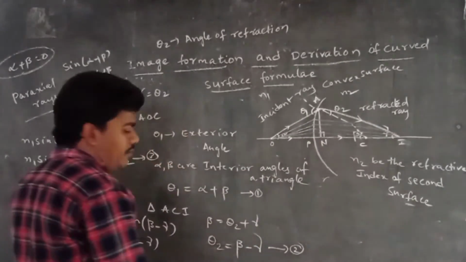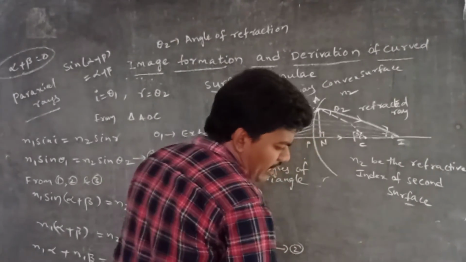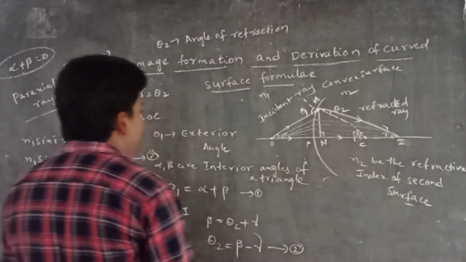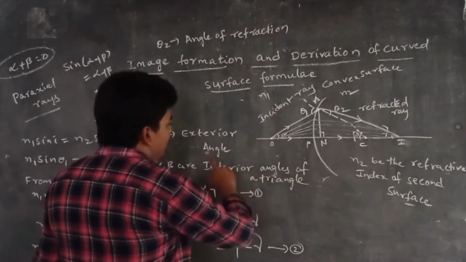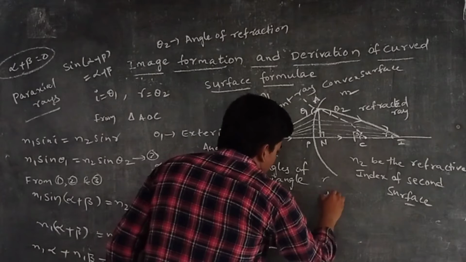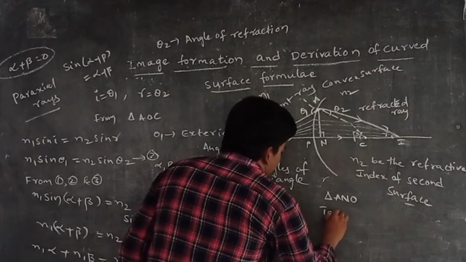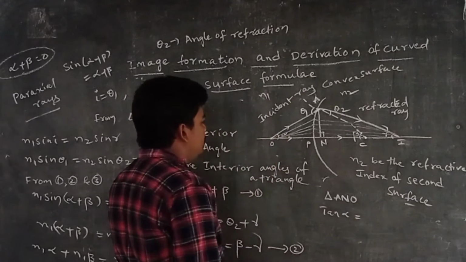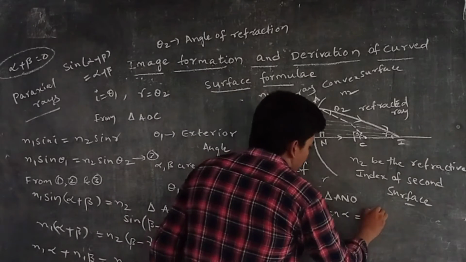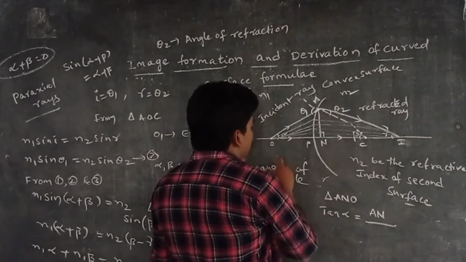So when we consider here tan alpha, what is the value of tan alpha here? From triangle ANO, what is the value of tan alpha? Opposite side by adjacent side, AM by OM.